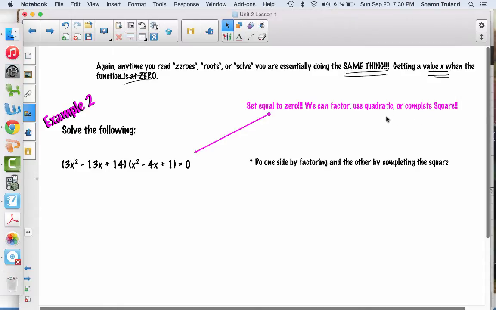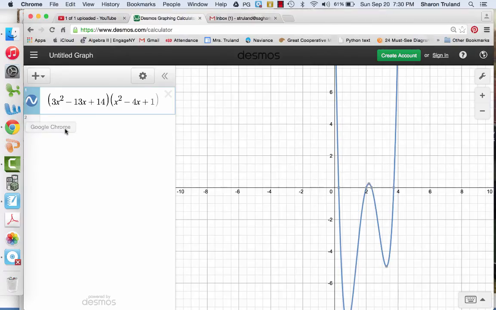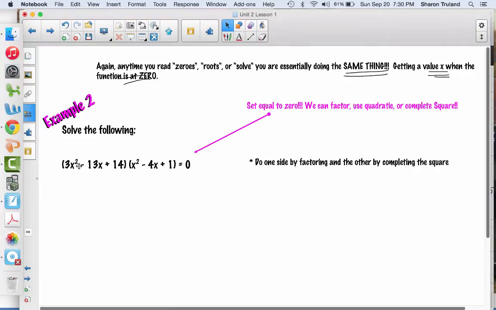Well, one thing I think you should do is head on over to Desmos. And I think you should type it into Desmos because it's going to give you the answers. There are my 4 answers. Makes sense. X to the fourth means I have a degree of 4.